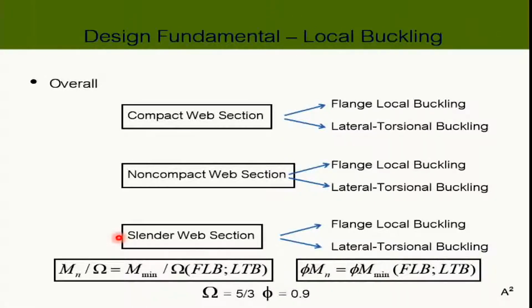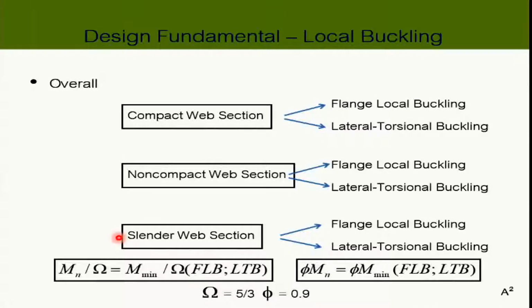Like plate girder, for example. In a plate girder, you don't need a compact web, because a plate girder is a very, very deep beam, right? So if you want to make the web compact, it's going to be very, very heavy, and it is not necessary. So good engineers will just leave the web slender, and we will take care of that later on. It's a waste.